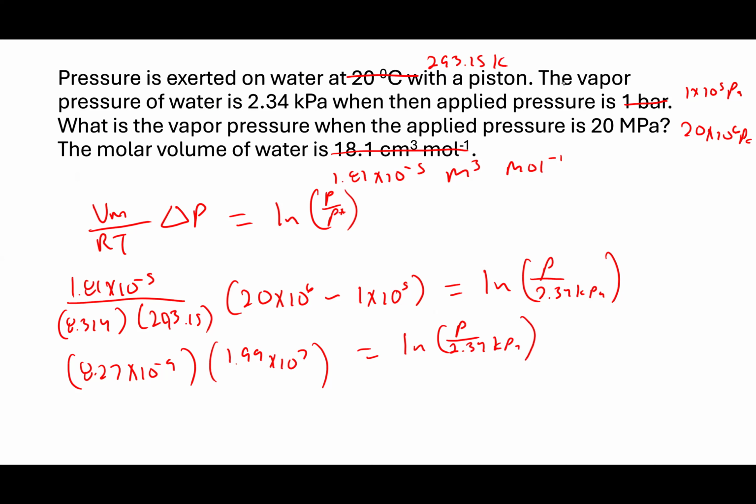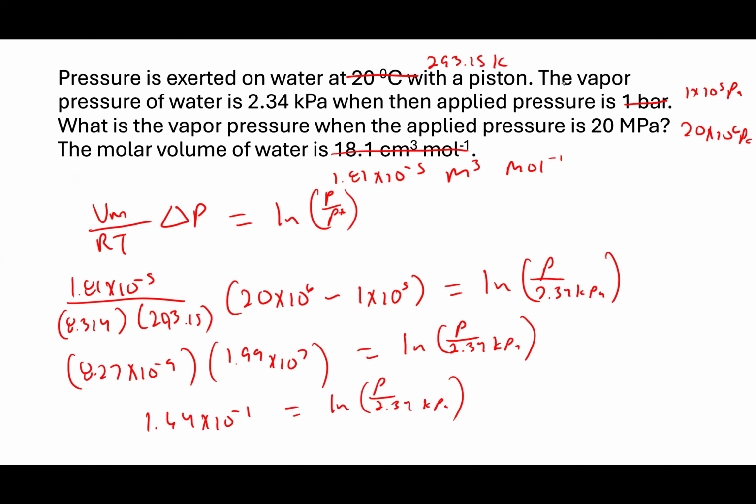We're going to keep the units, that way we know what units our values are going to be. The left-hand side is 1.99 times 10 to the seventh times 8.27 E negative 9. This entire left-hand side becomes 1.64 times 10 to the negative first, natural log of P over 2.34 kilopascals.